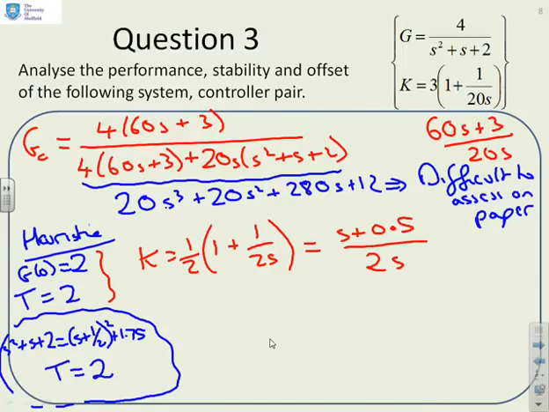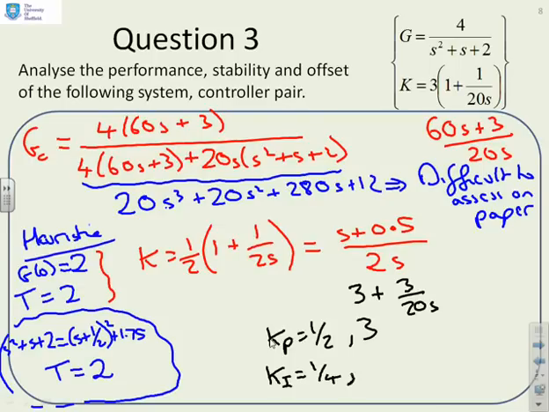Now you will see this is very, very different from the other compensator, which, if I divide what we had, is 3 plus 3 over 20s, and you can see they really are quite different. For one you had kp equals a half, for the other you had kp equals 3. For one you had ki equals a quarter, and for the other you had ki equals 3 over 20. So you've got different comparisons here.